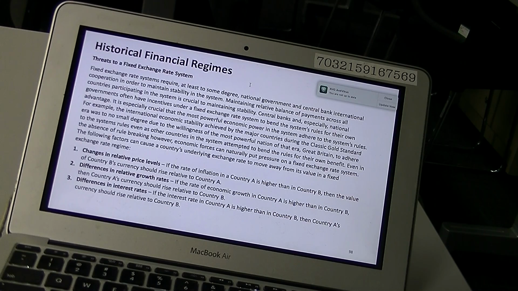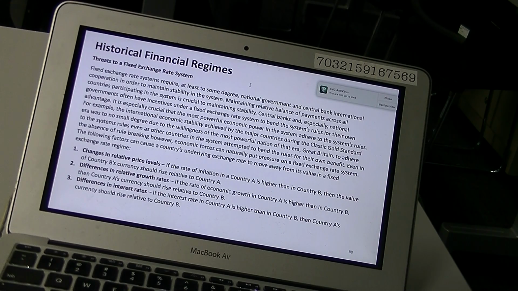Now, if you have a fixed exchange rate, different inflation rates put strain and pressure on it.